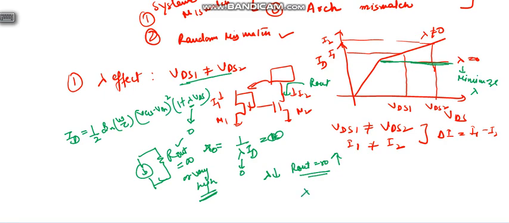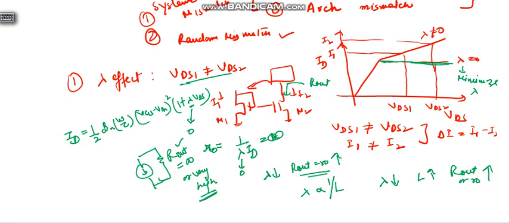Lambda is inversely proportional to the length of our device, so it means 1 by L. Now lambda reduces if length increases, and RO increases.